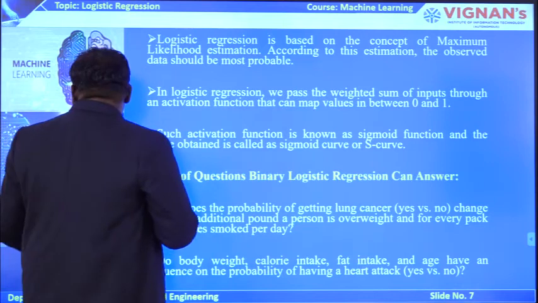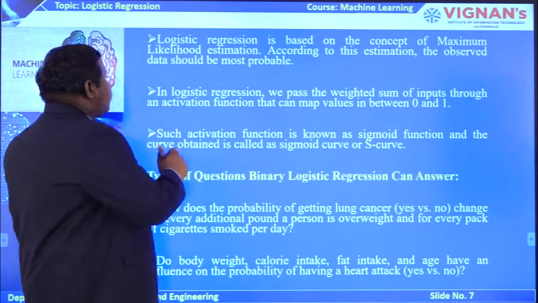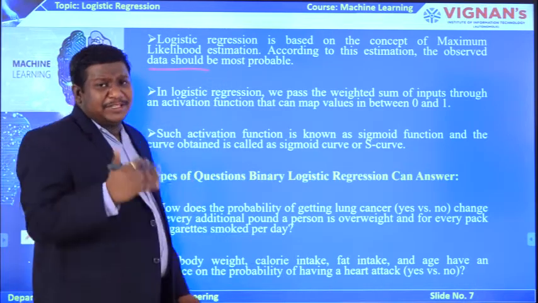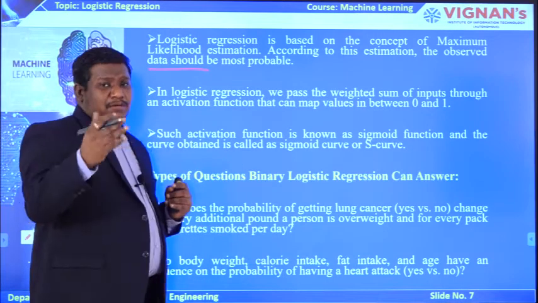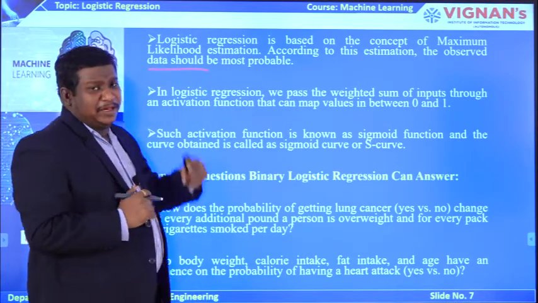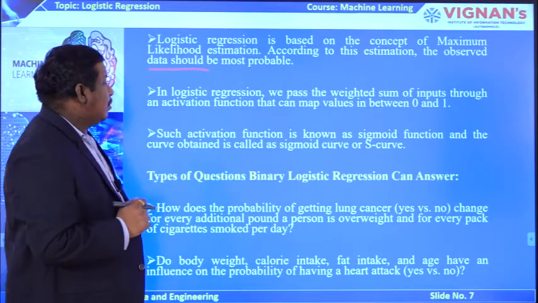Logistic regression mainly works on the basis of maximum likelihood estimation. In linear regression, we use the least squares minimum error method to get the linear curve, whereas in logistic regression, we use the maximum likelihood estimation model to derive the logistic regression model.